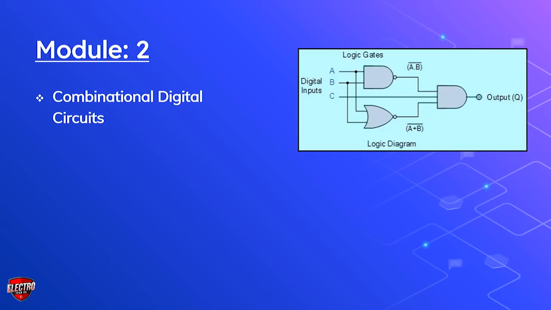The output of combinational logic circuits is only determined by the logic function of the current input state, logic 0 or logic 1, at any given instant in time. So, combinational logic circuits have no feedback, and any change to the signals being applied to their inputs will immediately have an effect on the output.